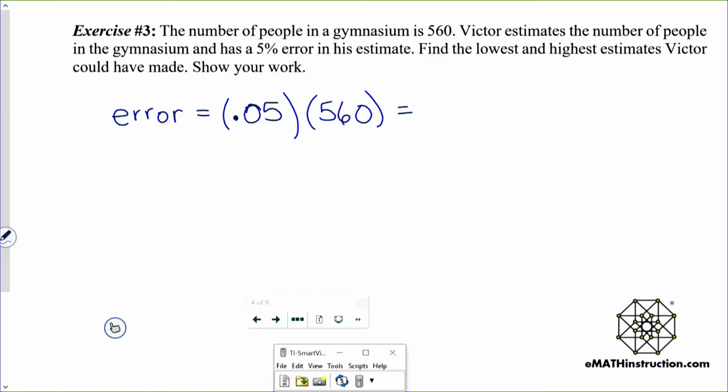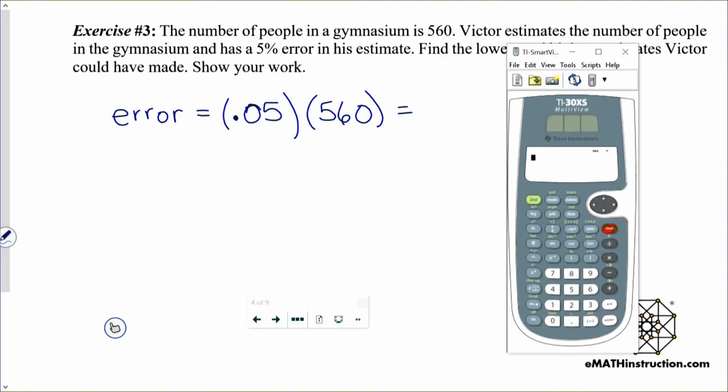Easy enough as long as we've got our calculator: 0.05 times 560. And that gives us an error of 28.